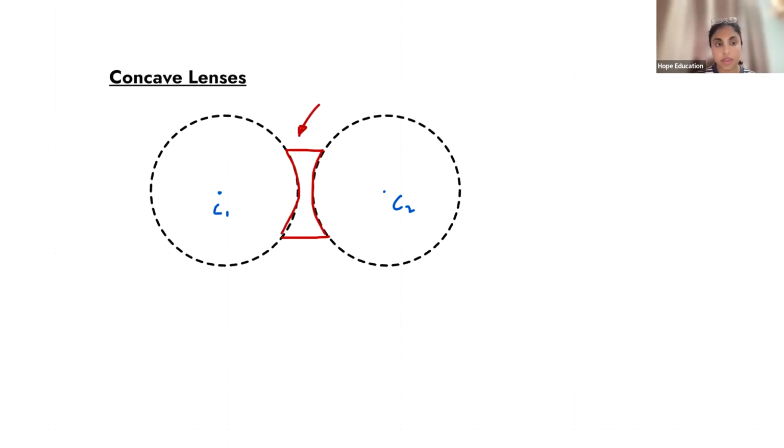Concave lens. Okay. When you draw a line connecting the two centers of the imaginary spheres, the line we get, we call it the principal axis. And exactly the midpoint of this lens we call the optical center.